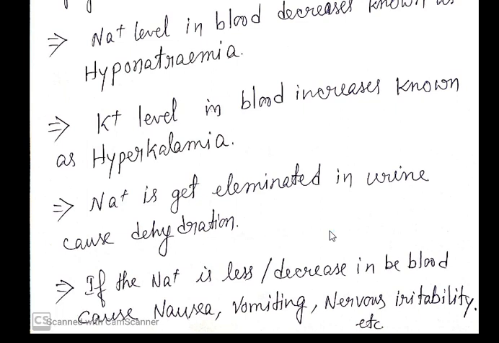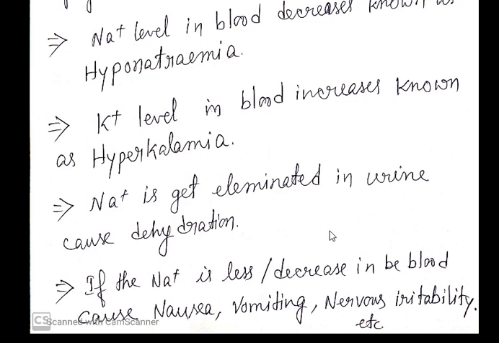Next, if the sodium is decreased in the blood, it can cause some other problems, and symptoms can be seen in other ways also. If the sodium ion decreases in our blood, what will happen? The person will have nausea, vomiting, and nerve irritability, etc. can be seen in that patient, right? If the sodium concentration is less.